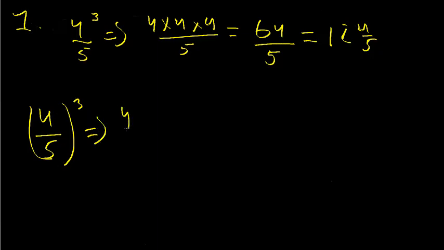So it would be 4/5 times 4/5 times 4/5. So if it has parentheses, the power goes to the whole fraction, and if it has no parentheses, it only goes to the top number, which would be the numerator.